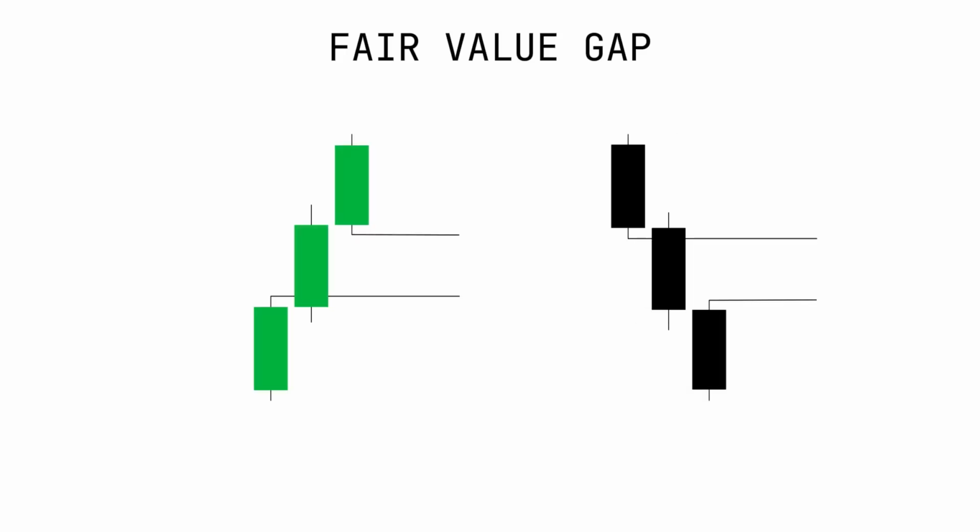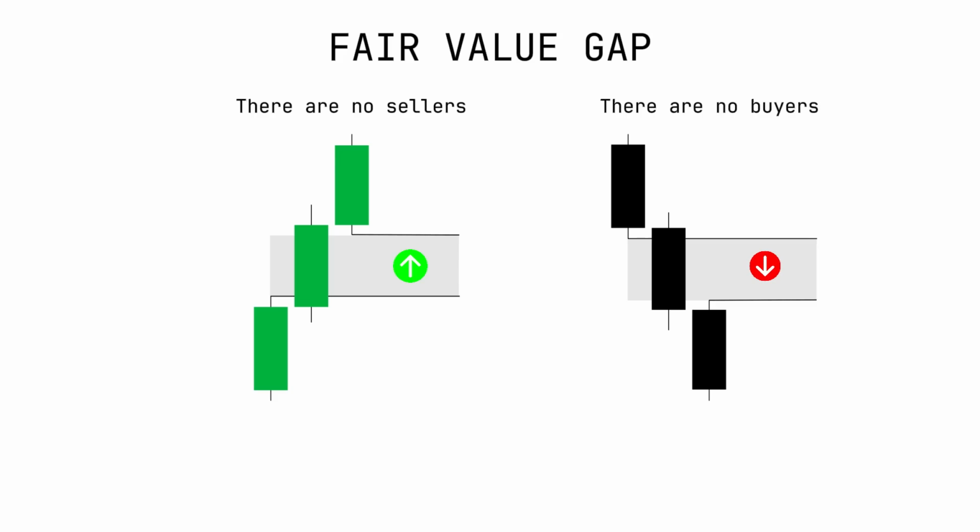When a bullish fair value gap forms on the chart, the range where the wicks of the candles do not overlap indicates a lack of participants who were ready to sell as much as buyers were ready to buy. In other words, there was not enough selling volume to absorb the buying volume, resulting in unfilled buy orders. Conversely, when a bearish fair value gap forms on the chart, it means there was not enough buying volume to absorb the selling volume in that range, leading to unfilled sell orders.